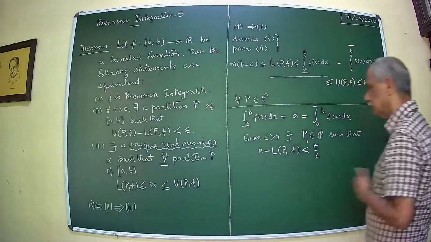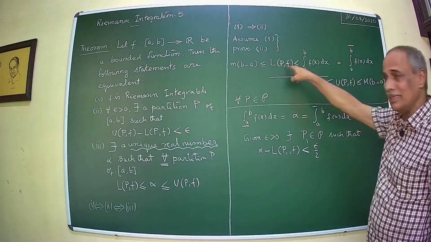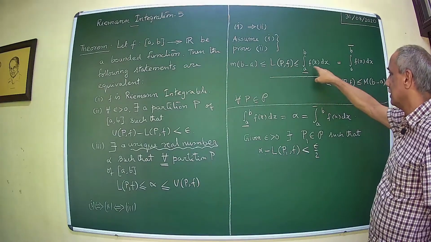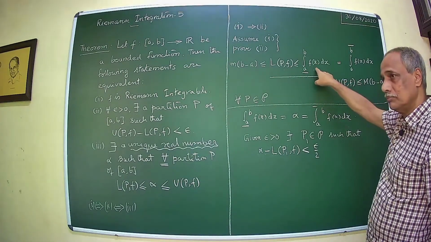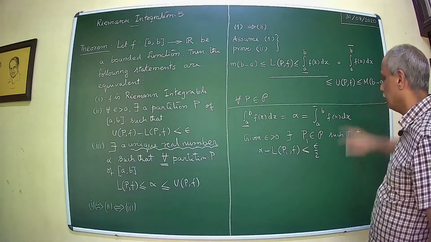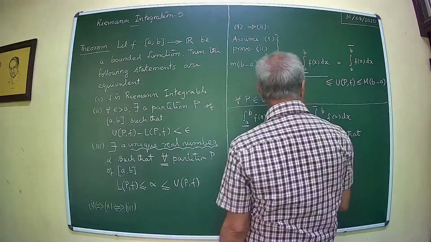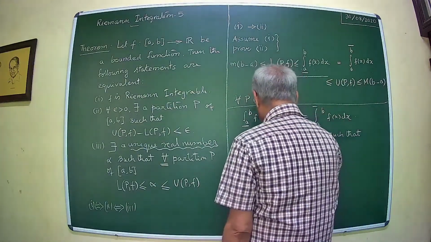This is possible because it is the supremum. Here it is the infimum of UPF. So using that statement, you can prove this. You immediately get this. From the other part of the statement, this is what you get.